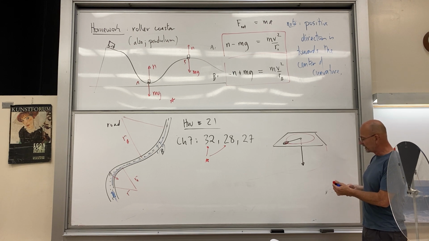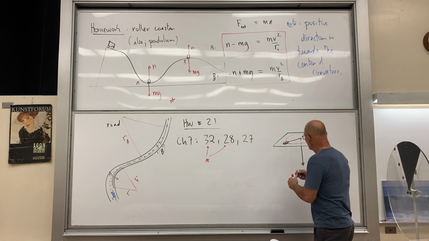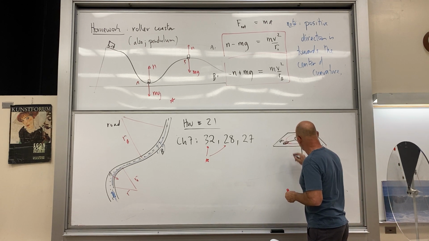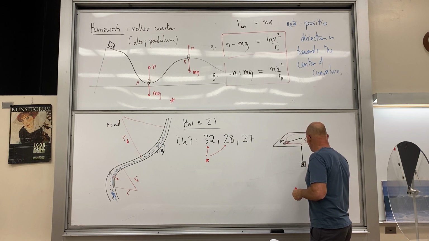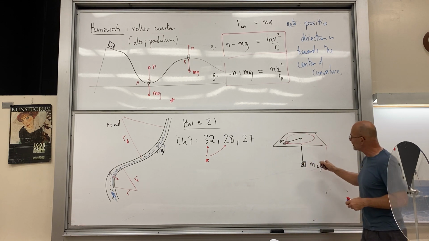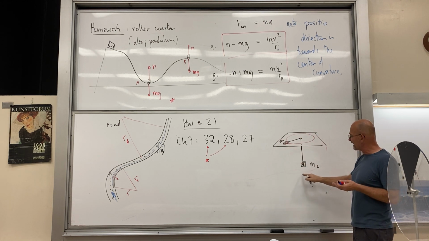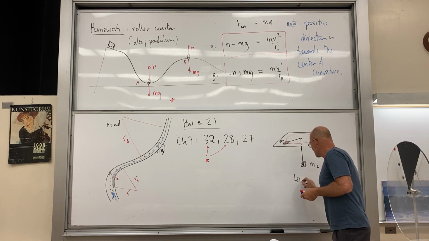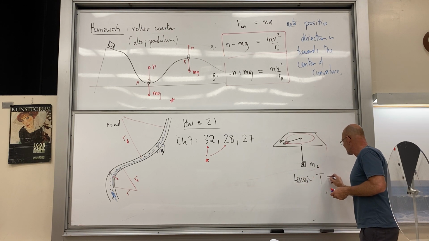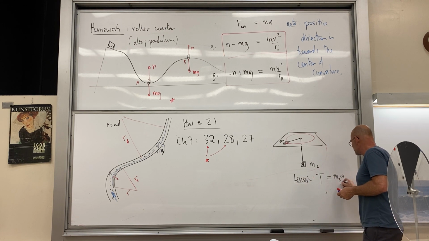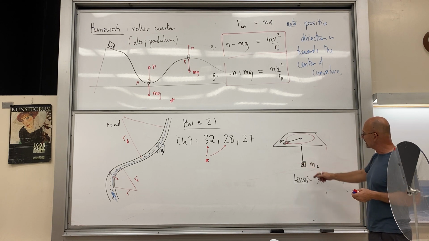So what they gave you in the problem was an m sub 1, and they said there's just another mass here, m sub 2, hanging in place. And this thing's whirling around, so the tension in the string, I'll help give it away here, the tension in the string is just going to be m sub 2 times g, right, the weight of this thing.